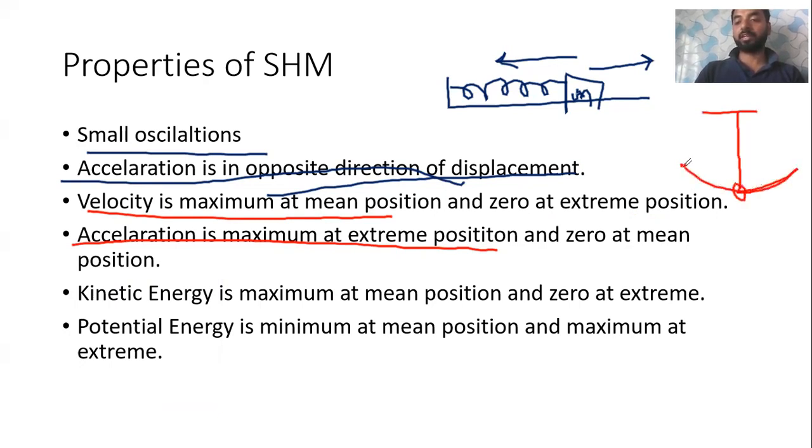At extreme points, displacements are maximum, so acceleration will also be maximum at the extreme position. The acceleration is zero at the mean position, because there is zero displacement, and zero displacement means zero acceleration. Now, kinetic energy. Wait for a while.